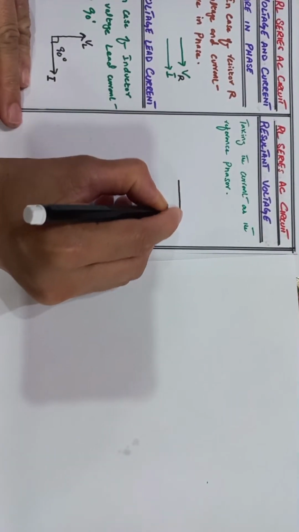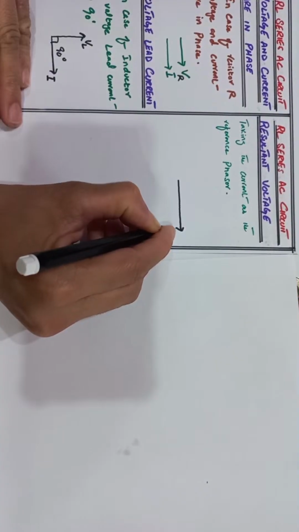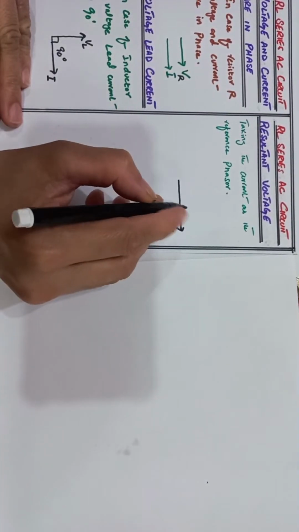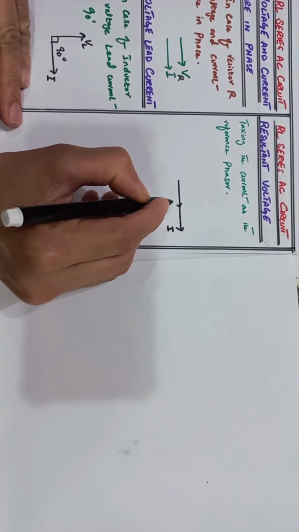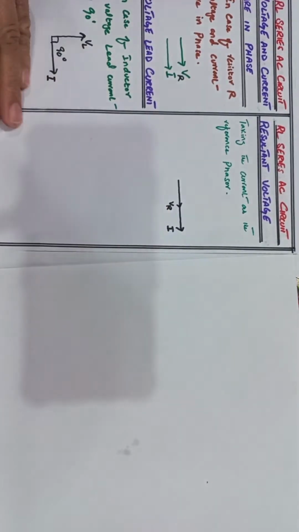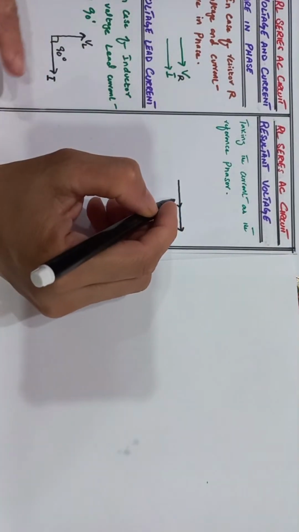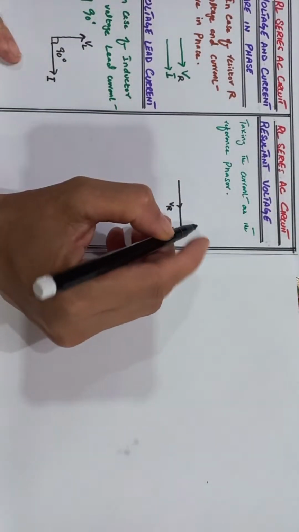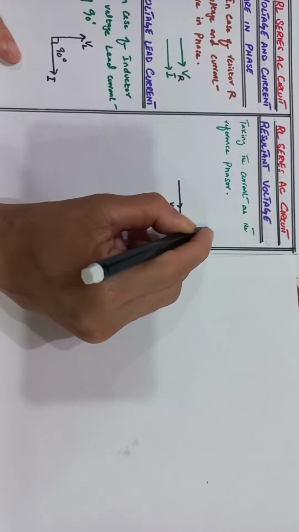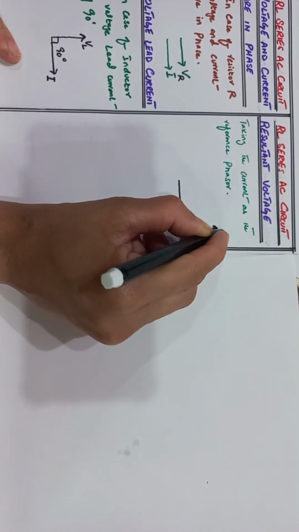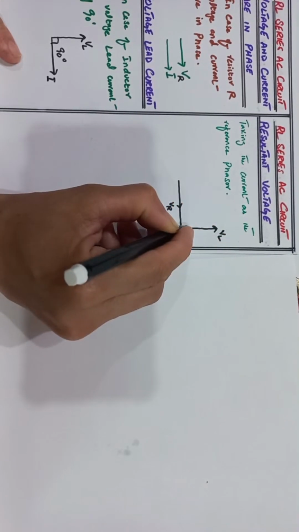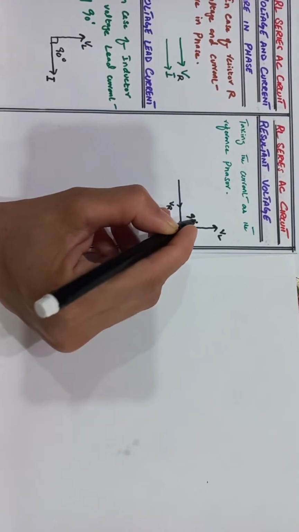This is the reference axis that shows the current. We know that for the resistor, the voltage is in phase with the current, and across the inductor, the voltage leads the current by 90 degrees. So here we draw the voltage across the inductor leading the current by 90 degrees.